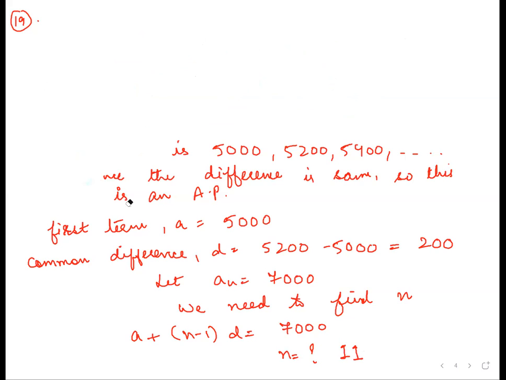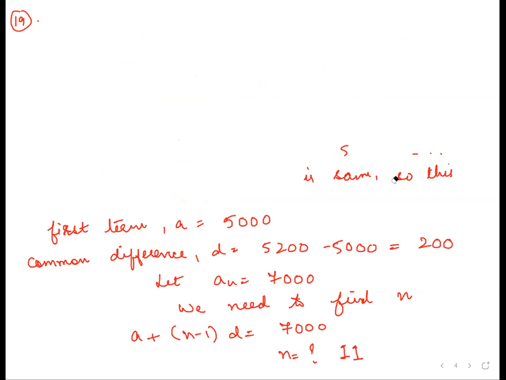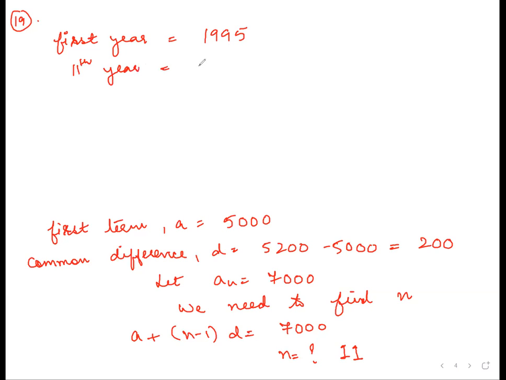Understood? Whether it is 2000 or 1999, you have to tell which year. The first year is 1995, correct? So what will be the 11th year? If the first year is 1995, you are going to add 10 to it.